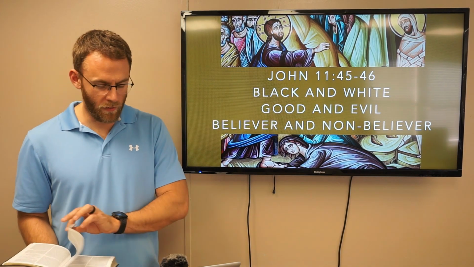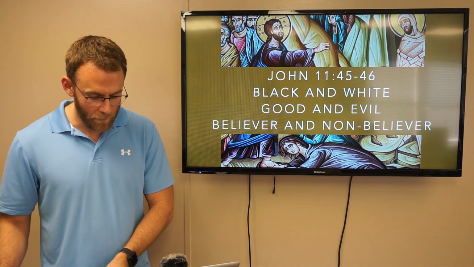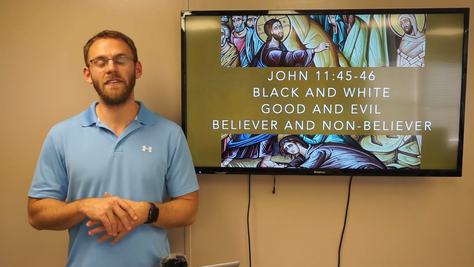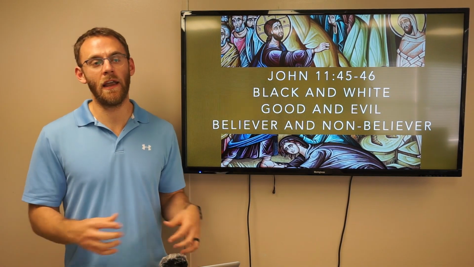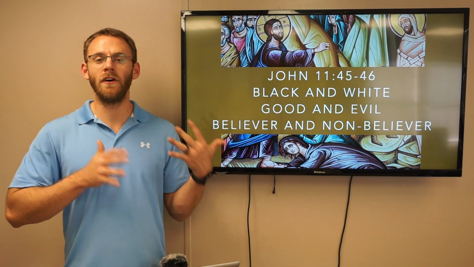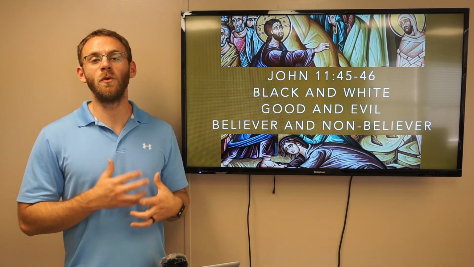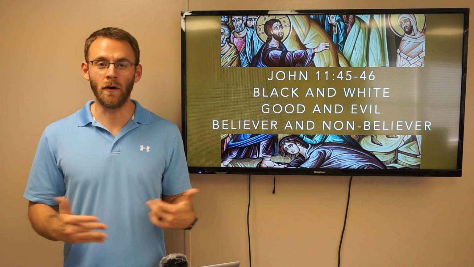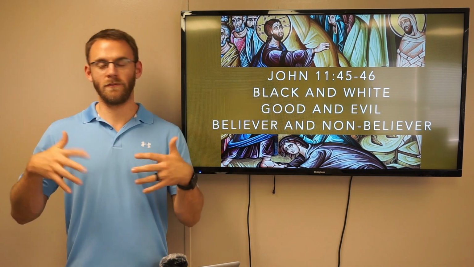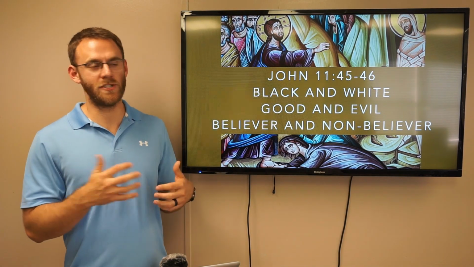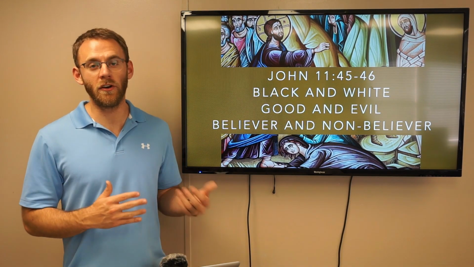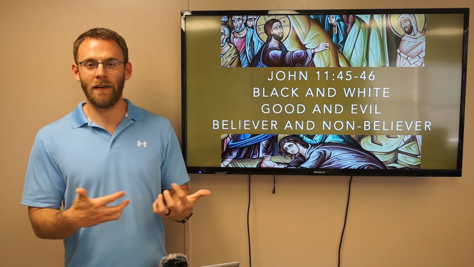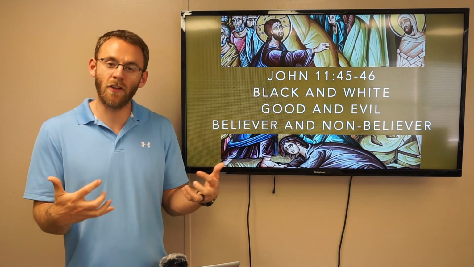Now, notice I read one verse a little bit too far, but as we're reading through verses 45 and 46, you'll notice that over and over we're going to see throughout the book of John this duality of good and evil. Now, we don't believe in dualism, that good and evil are equal, but we use this term to describe John, that he's dualistic, which just means that there is a good and an evil in battle, and they're different, and there's nothing in the middle.